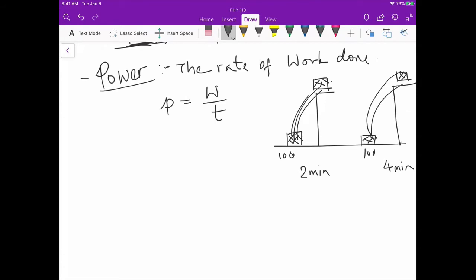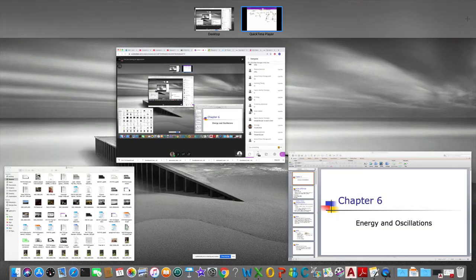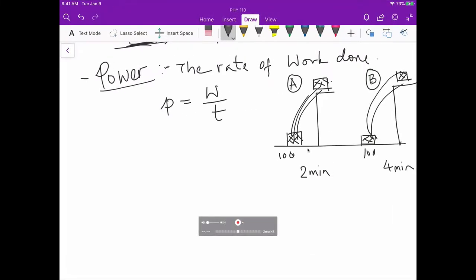In layman terms, which person is more powerful? If you call this person A, and this person B. Excellent, so person A, right? Why? Because he was able to do the work in a shorter period of time.